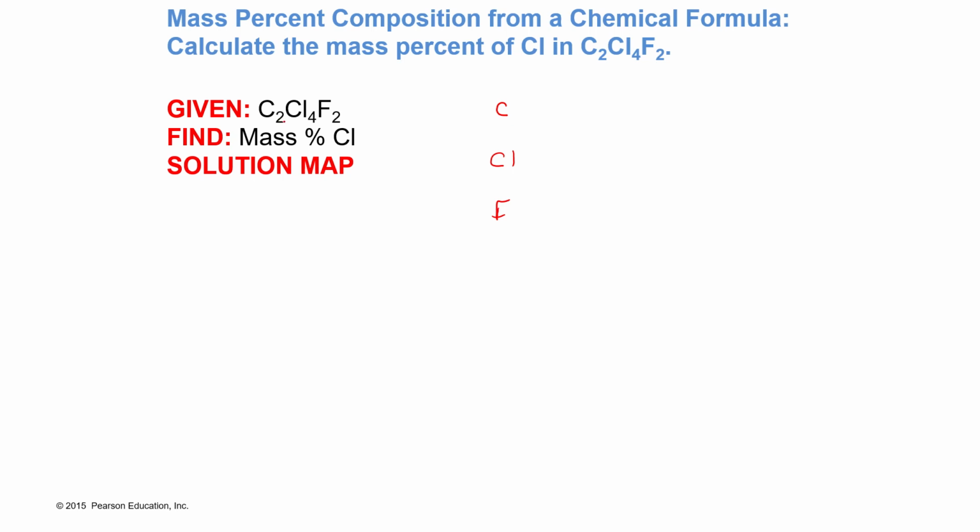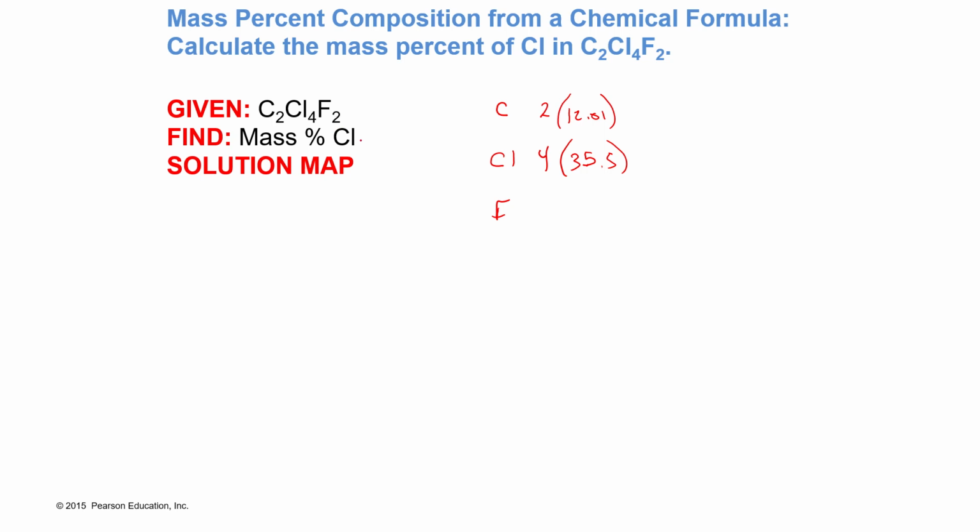We have 2 carbons, and each carbon is a mass of 12.01. We have 4 chlorines, and each chlorine is a mass of 35.5 grams. And these are coming directly from the periodic table.